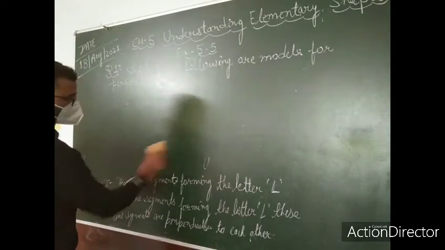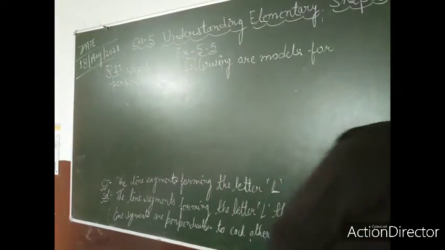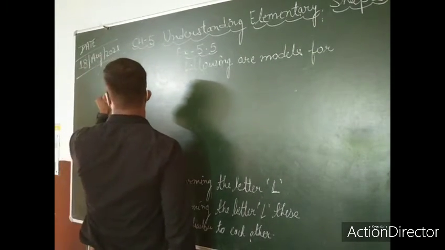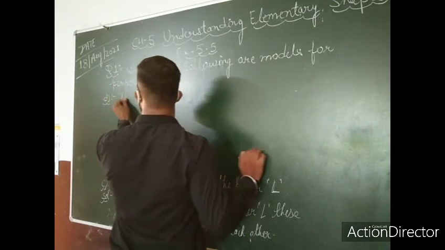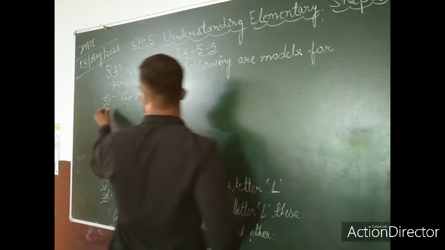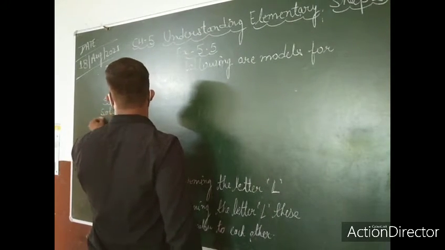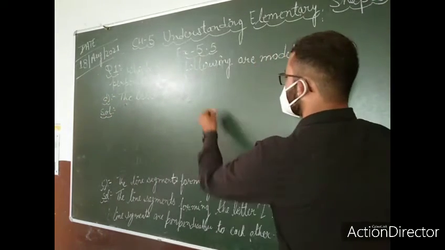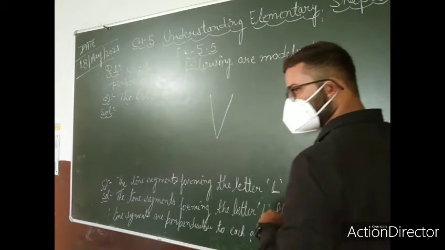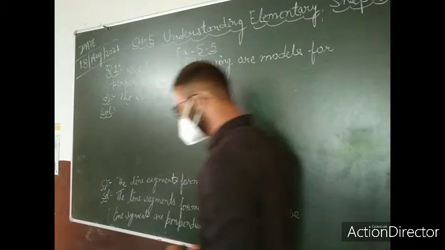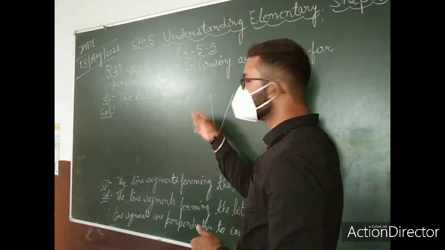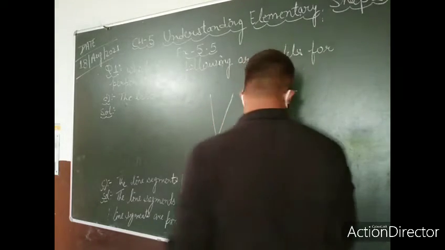Now here we write the D part of this question: the letter V. If we write a V letter like this, it is an example of an angle, not intersecting or perpendicular lines, right?